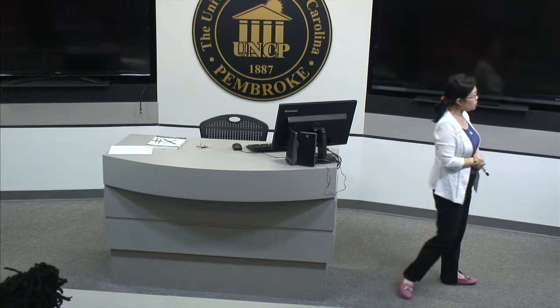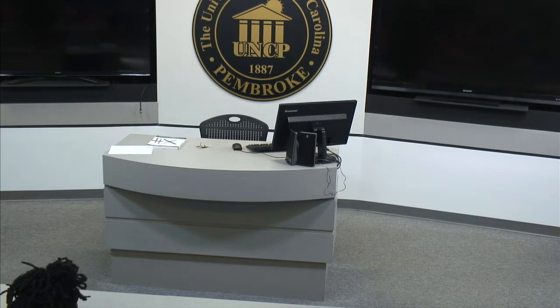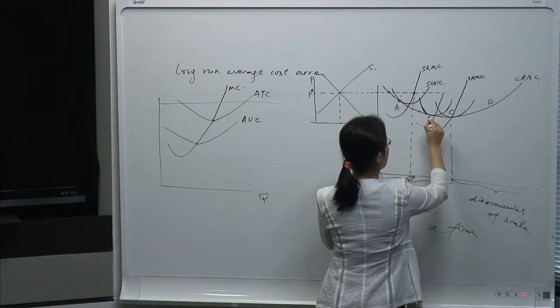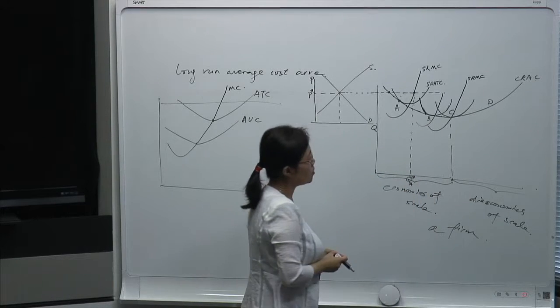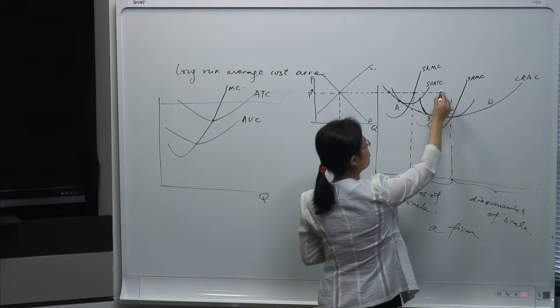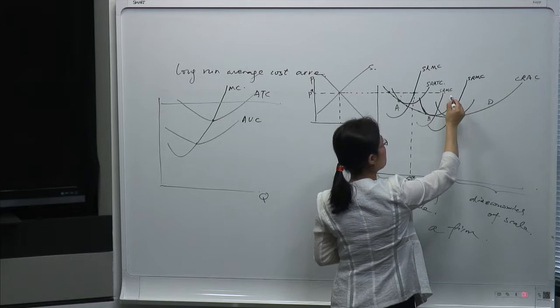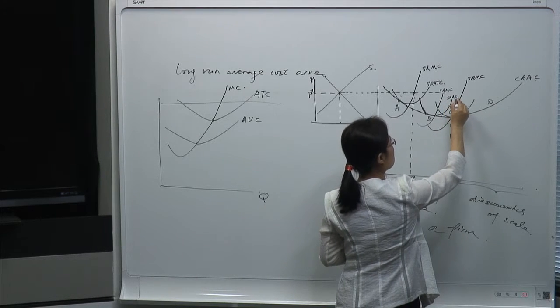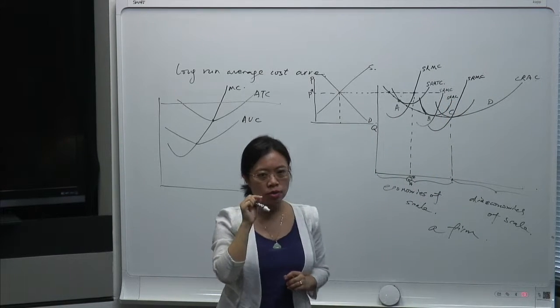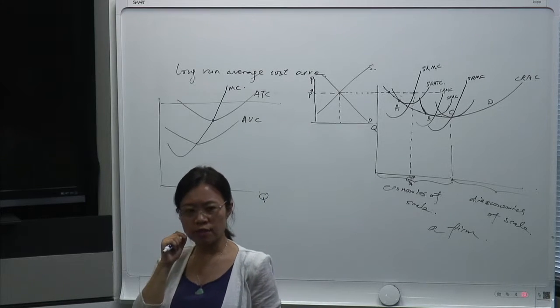So let's say the firm increased to scale B. This is our short-run marginal cost curve, and this is our short-run average cost curve. But now the profit is bigger. Why?